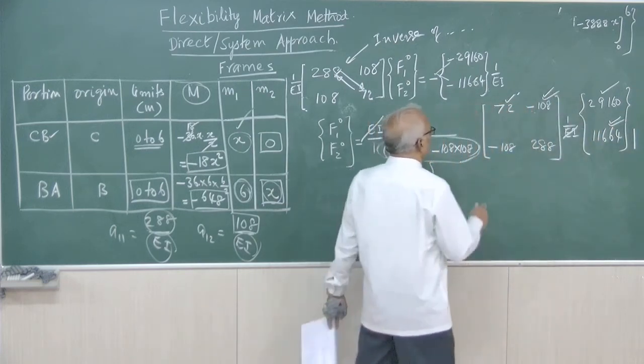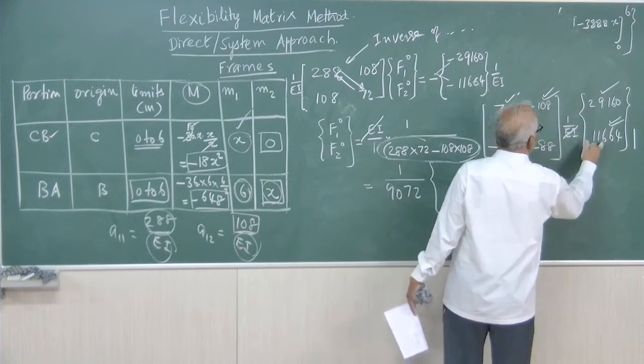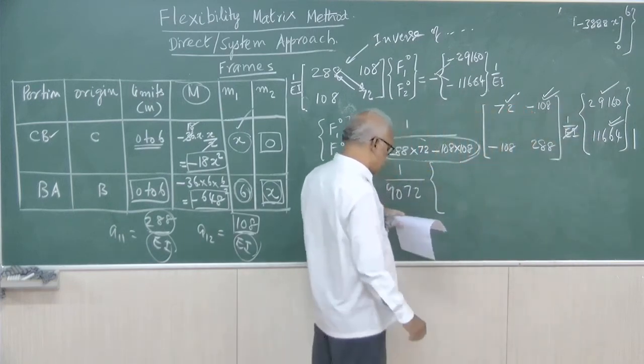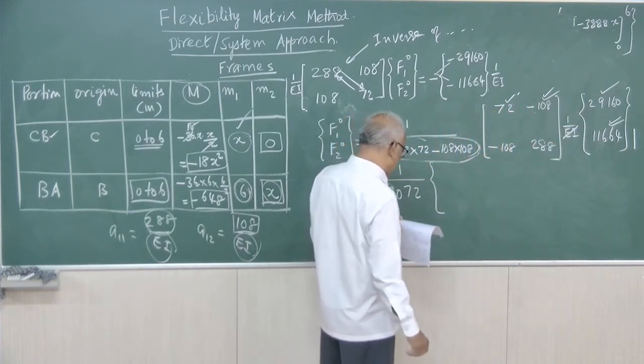Multiplying first value, second value and simplifying, we get 839808.